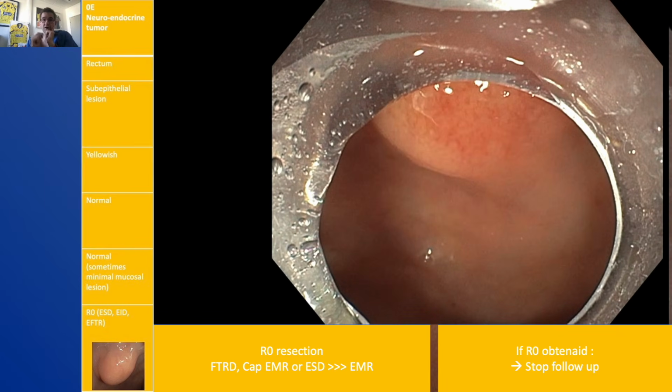So sometimes you also have some abnormalities of the surface pattern, and this kind of lesion should be referred for advanced resection and not conventional means, in order to get an R0 resection and have a precise histological assessment.